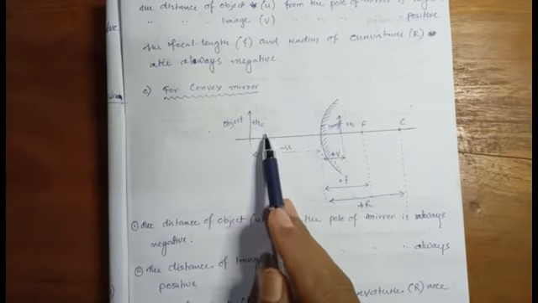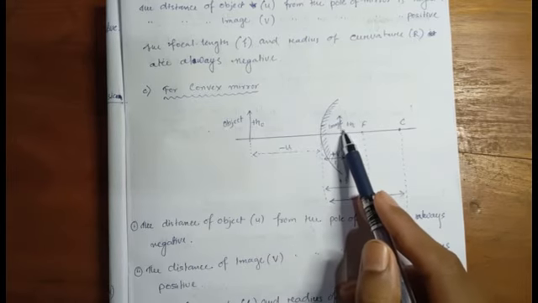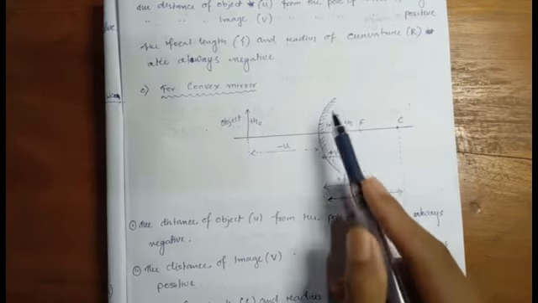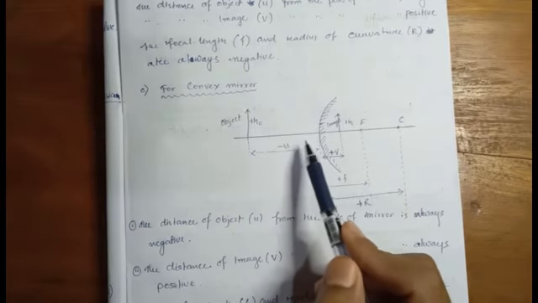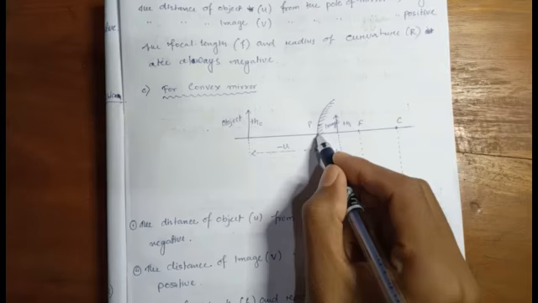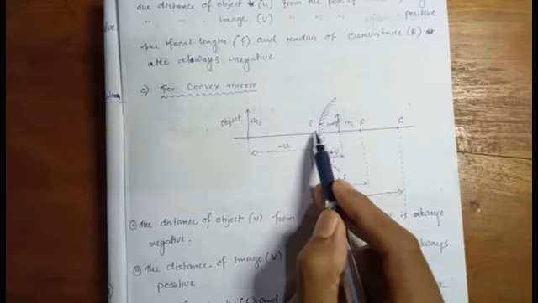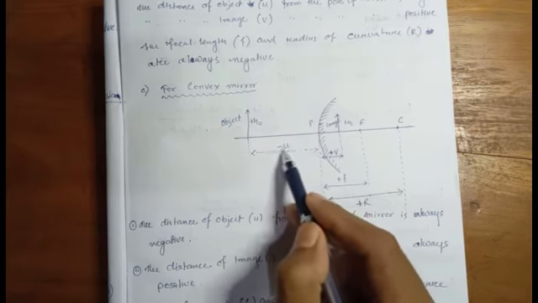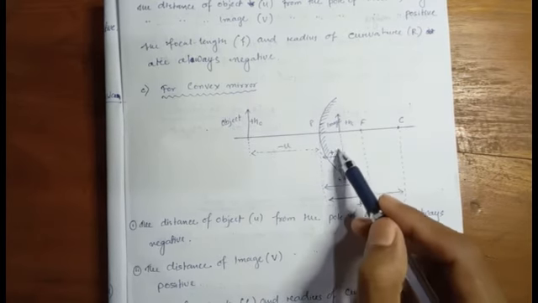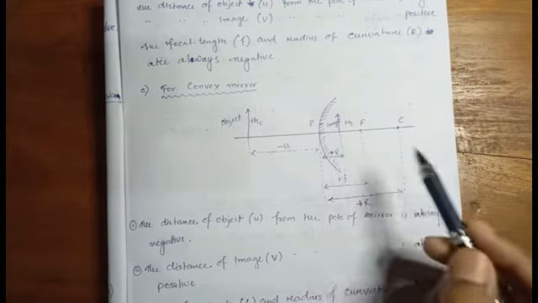So the object is on the left of the mirror, and the image that is formed is behind the mirror. Why? Because the image is virtual. So measuring the distance of the object from the pole, that is minus u, because you are measuring the distance of the object from the pole in the left, so it is minus u object distance. And the image is plus v, because you are measuring in the right direction, so plus v.